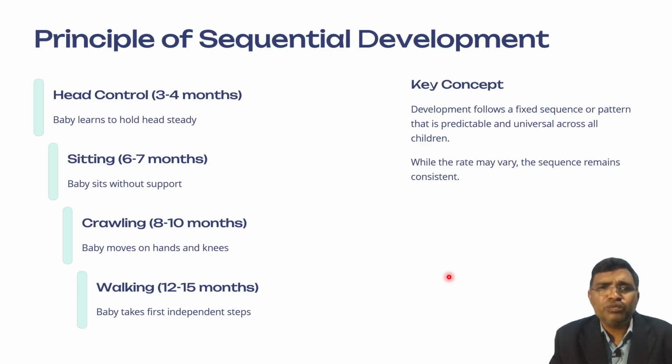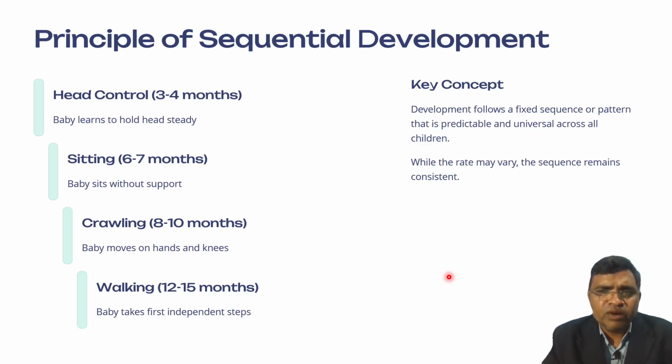Okay, then the principle of sequential development. The development takes place, for example, in the child: first they control the head, then they sit, then they crawl, then they walk. Here head control, like the baby learns to hold the head steadily, then sitting around 6 to 7 months, crawling starts 8 to 10 months, then walking between 12 to 15 months. It depends on genetic factors also.